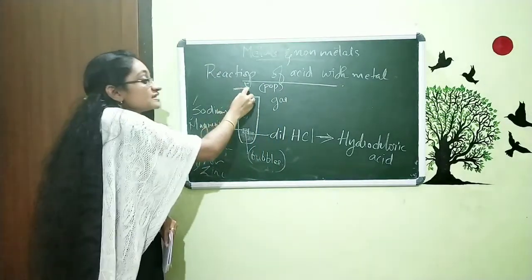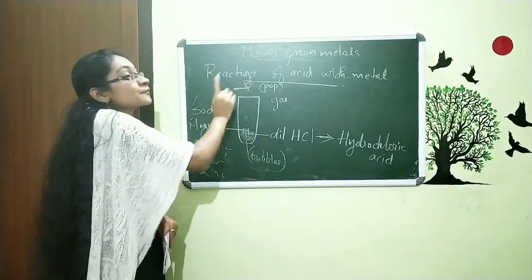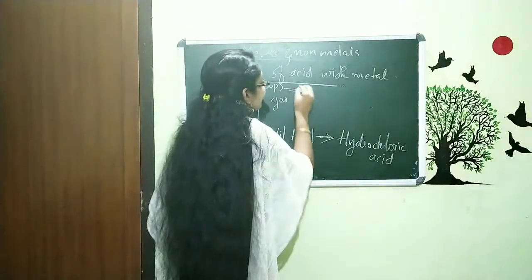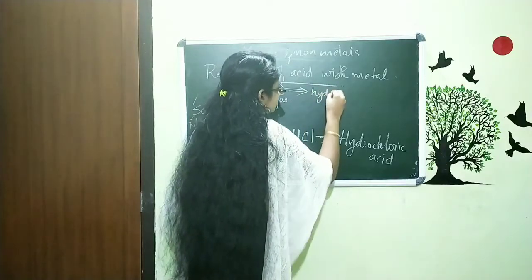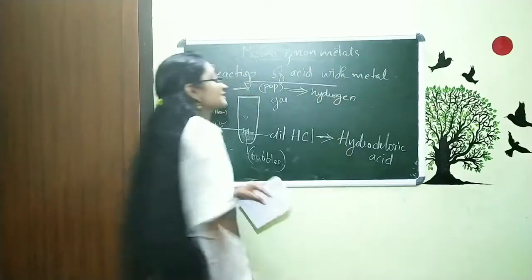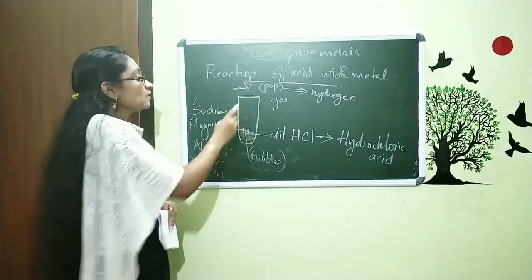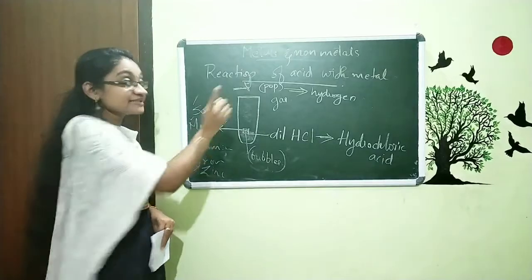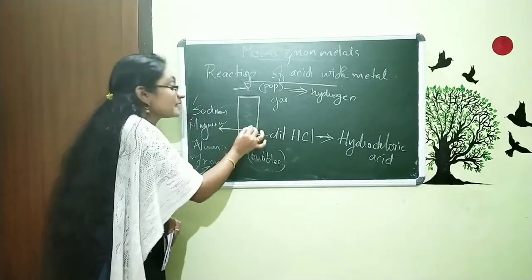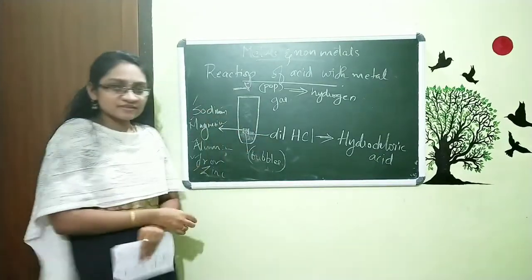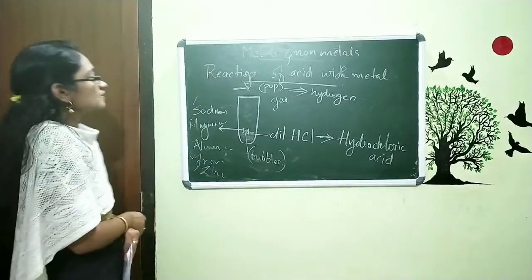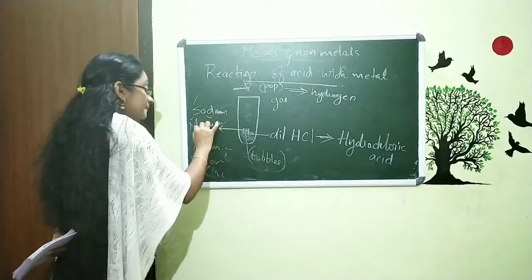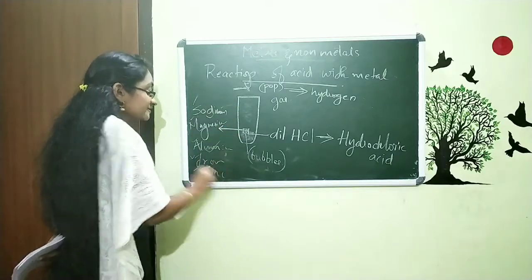When this burning matchstick produces a pop sound, they produce the gas called hydrogen. So, that hydrogen gas we can see as bubbles on the surface of this metal. So, here we study the reaction with sodium, magnesium, aluminum, iron, zinc.